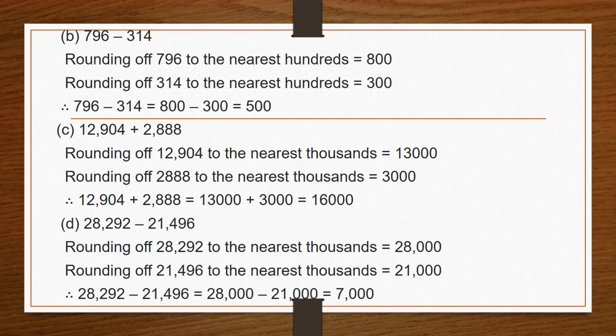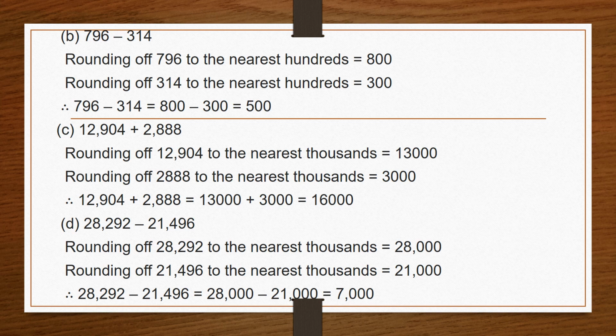Next part, 28,292 minus 21,496. Now again, these numbers will be rounded off to the nearest thousands. For that, we have to see the hundreds digit.